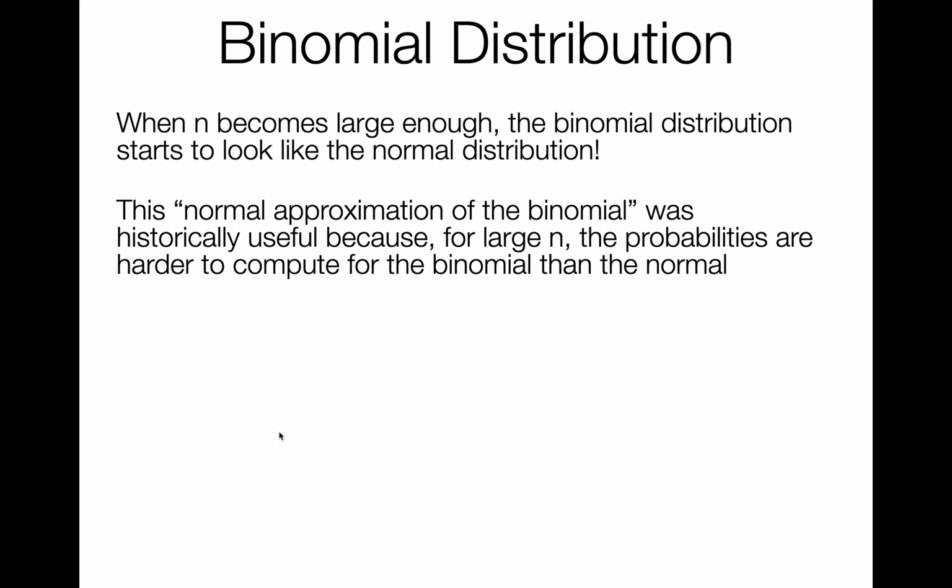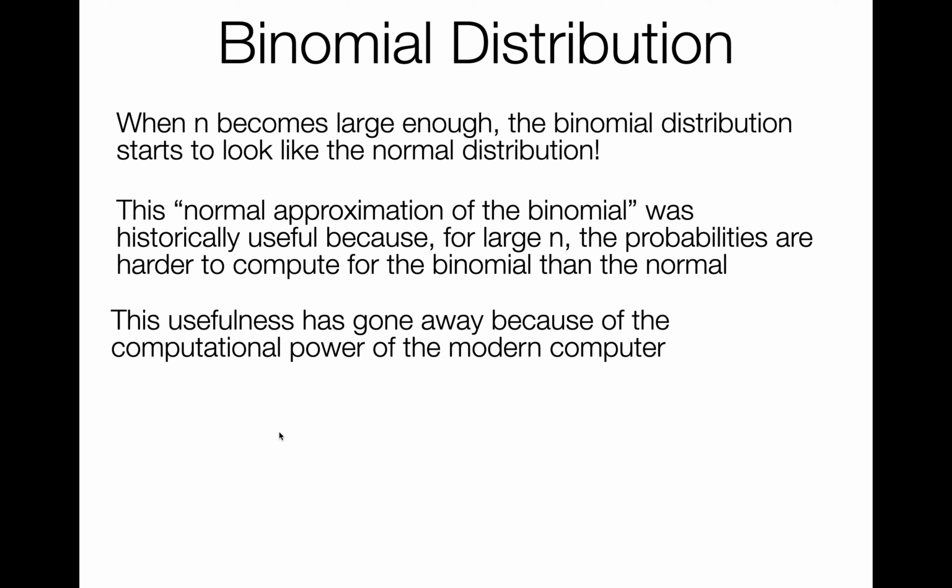So that was really early on that they were able to calculate things about the normal distribution. So instead of using the binomial formula, I could just use the normal approximation to the binomial. But this usefulness has gone away because of the computational power of the modern computer. There's no need to use an approximation when I can do the exact thing.